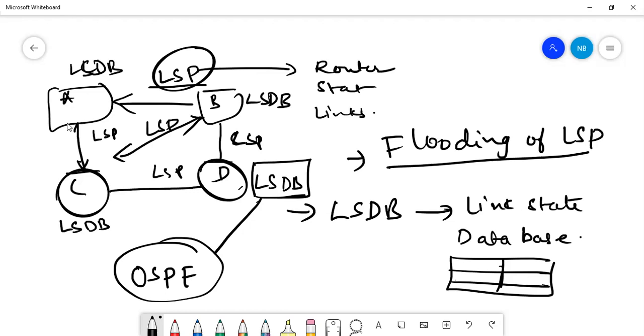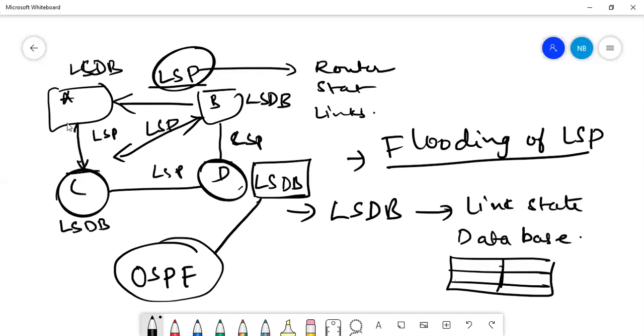LSPs are nothing but the information carriers about the router status and links. So if they have been transferred, all the routers will get the same information and the databases will get the same information and the details will be entered.